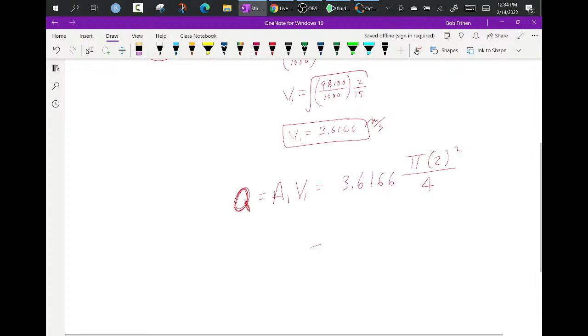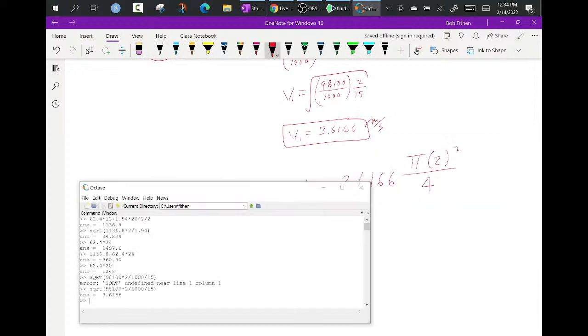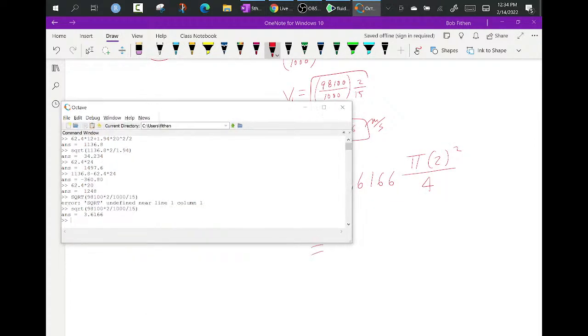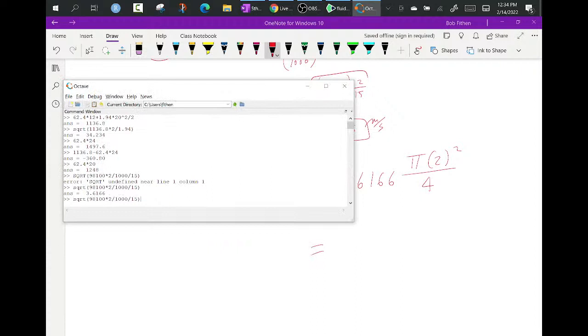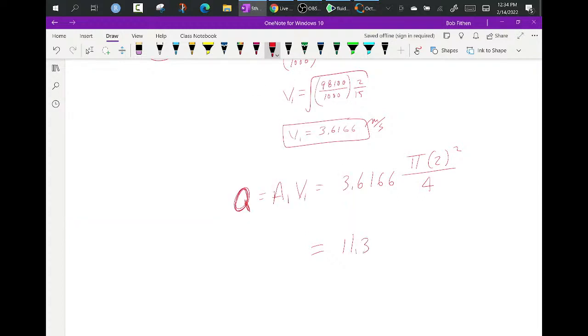So what is that equal to? I don't know. Take the number you got before, multiply that times pi. Oh, and then that's it. 11.362.